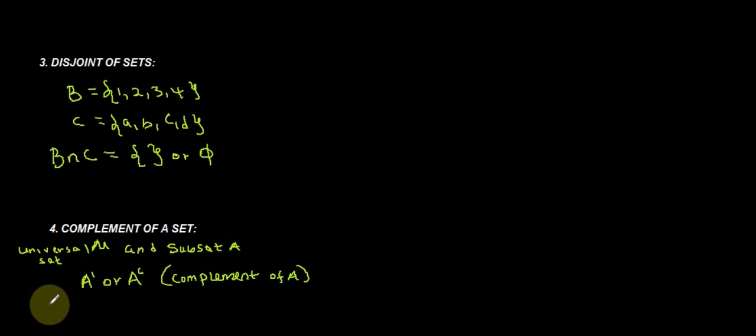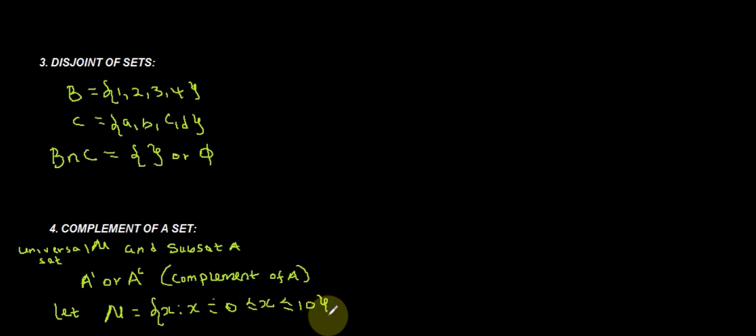Let's look at this example. Let's say our universal set is given as, now this is a set using a rule, and we are given set A to be 1, 2 and 3, and set B to be 2, 4, 6.